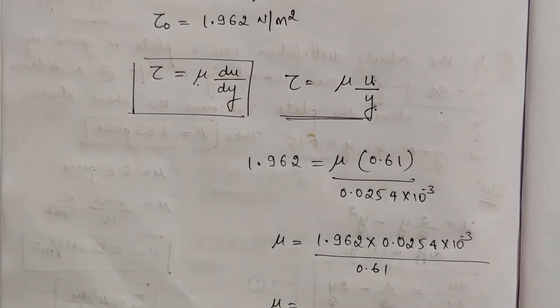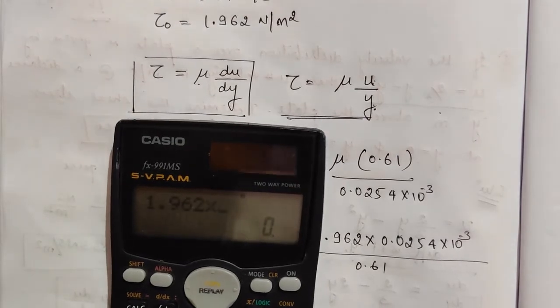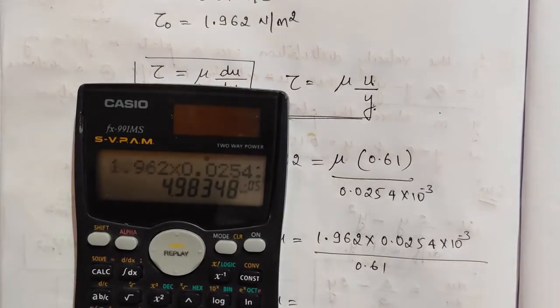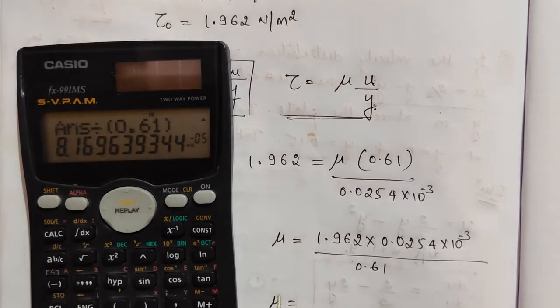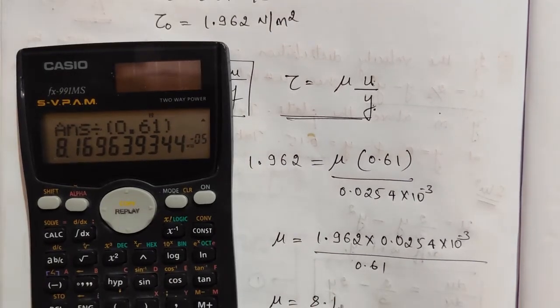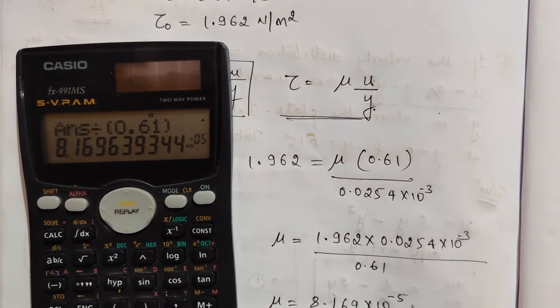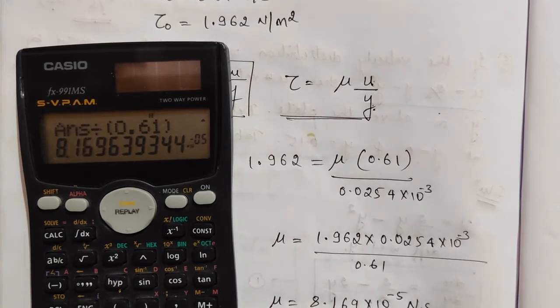Once I simplify that, meter per second, it is nothing but 8.169 into 10 power minus 5. What is the unit? Newton second per meter square.